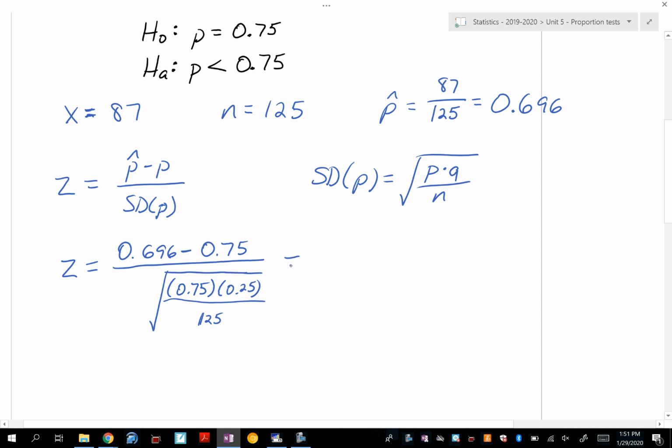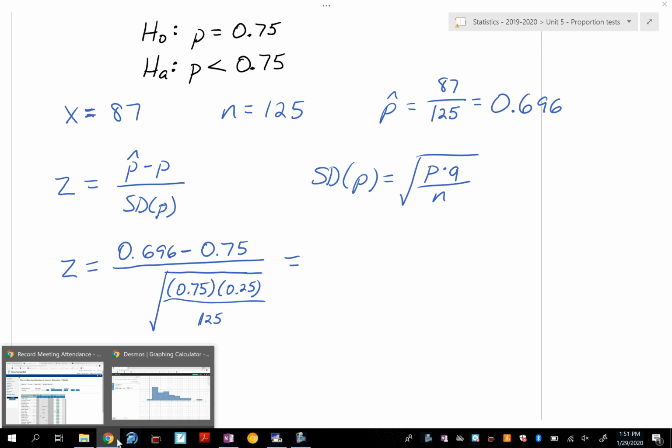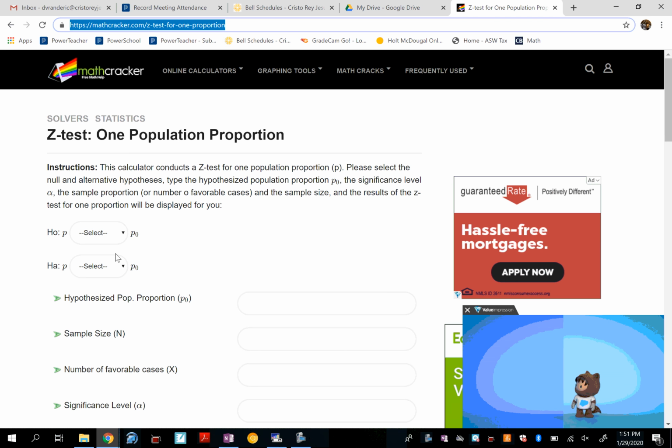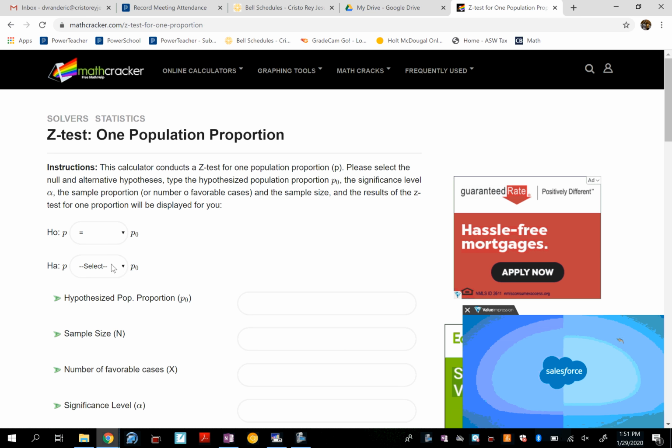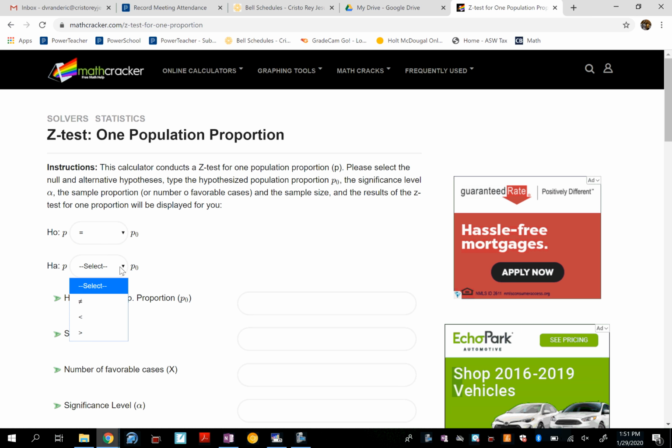Okay, so what I'm going to do is go to the website. Once I write this, and this is what you can do on Friday, once you put the work down, if you go to the website, it says for the null hypothesis, we're always going to pick what? Equals. For the alternative in this scenario, it is less than.